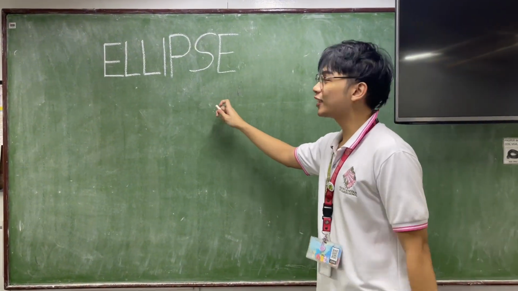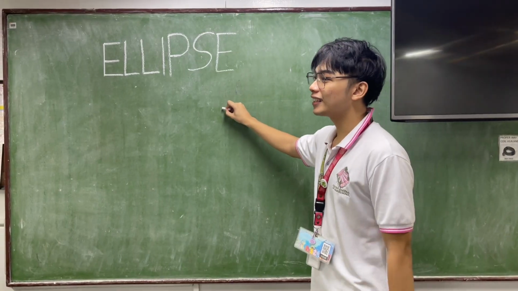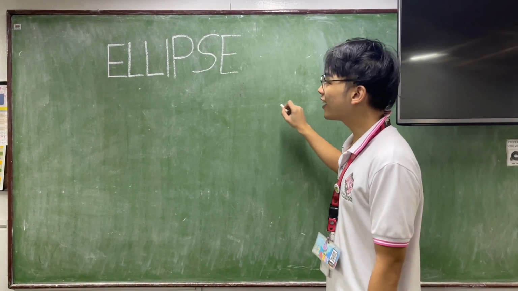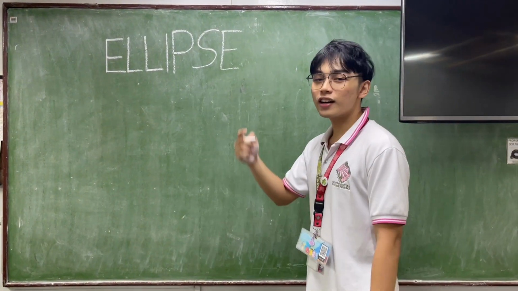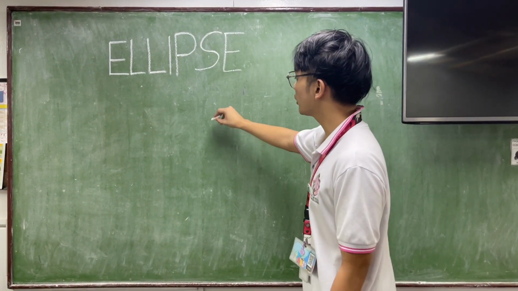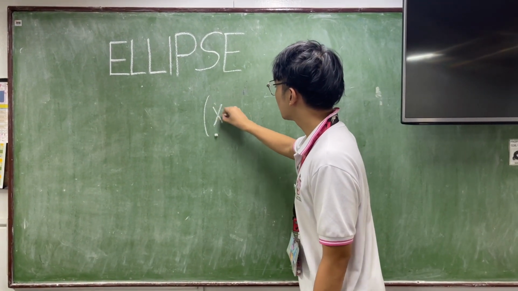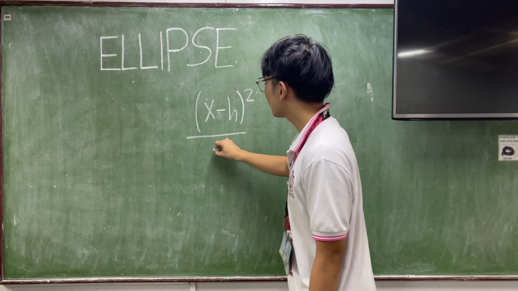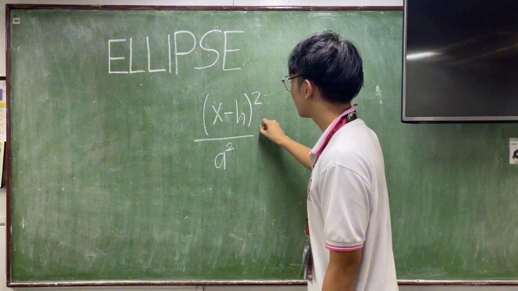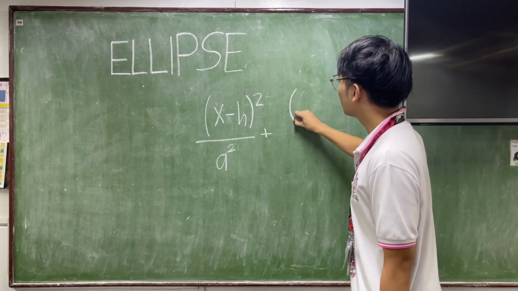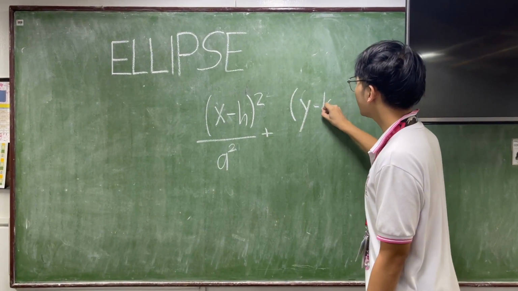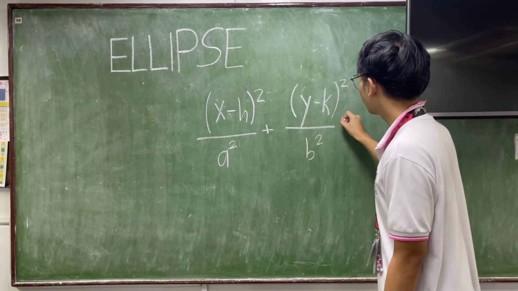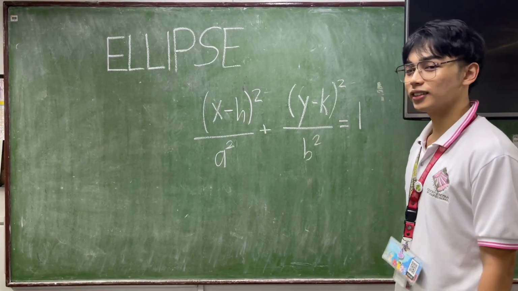An ellipse is a set of all points in a plane such that the sum of the distances from two fixed points is constant. Characterized by its standard equation, (x minus h) squared over a squared plus (y minus k) squared over b squared equals 1.